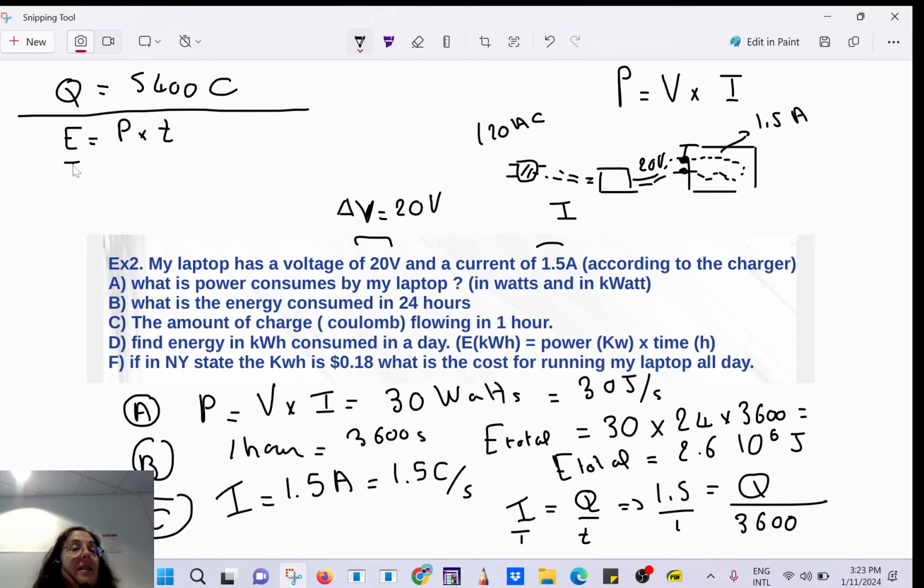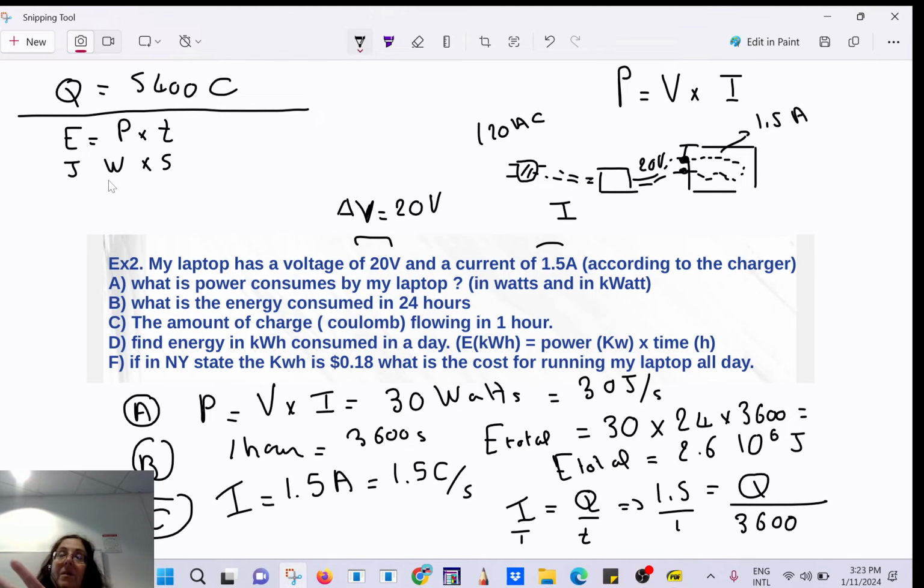So if the power is in watts and the time is in seconds, you're going to have joules. The amount of energy consumed equals power in watts times time in seconds.